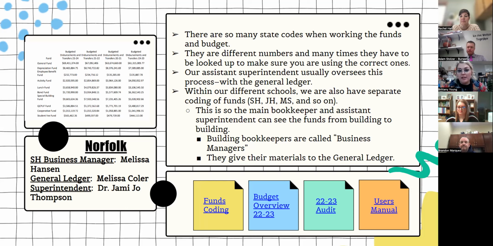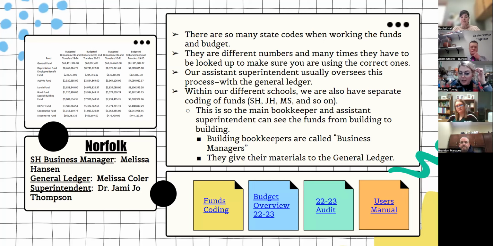When we got audited, there were some really big holes, and the general ledger had absolutely no idea, because the assistant superintendent was supposed to be doing the right thing. That was pretty much the only thing that's different.